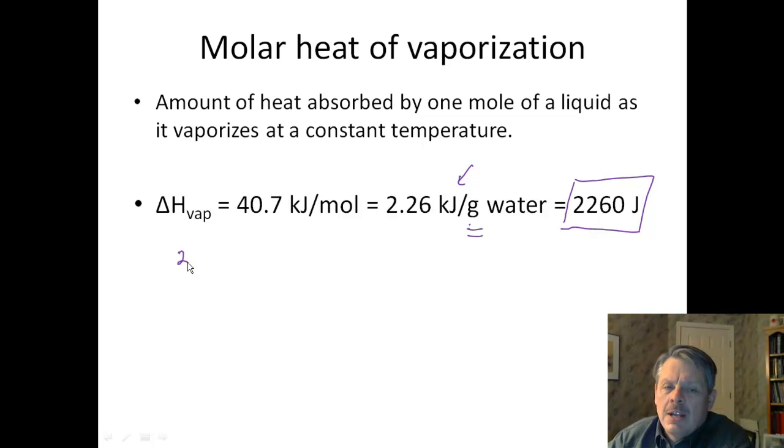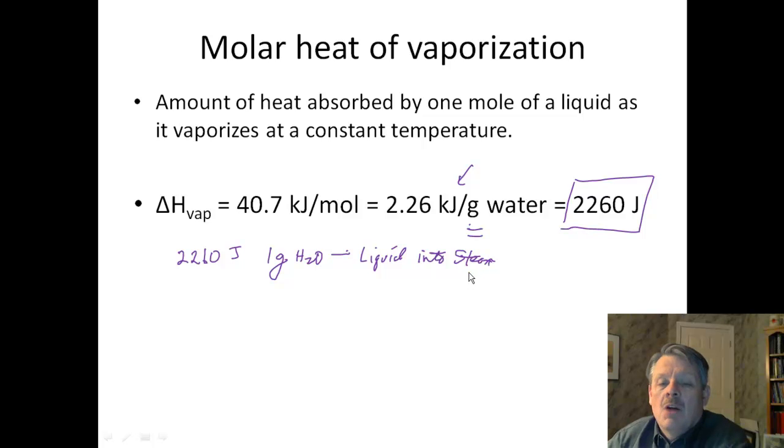Let's do that again. 2,260 joules of energy to take 1 gram of water and convert it from liquid into steam. And all of that is happening at 100 degrees Celsius. We haven't made it any hotter. The temperature's remaining the same.